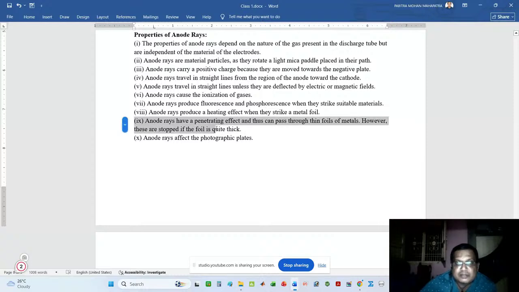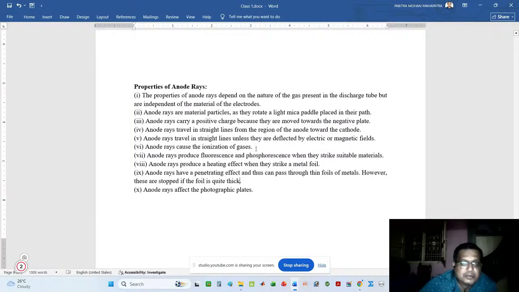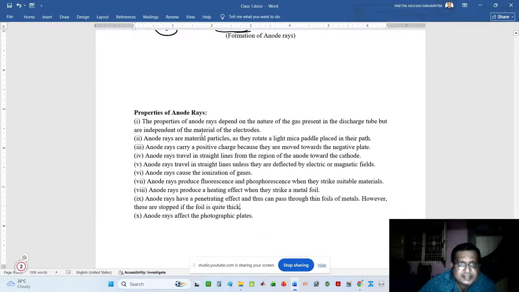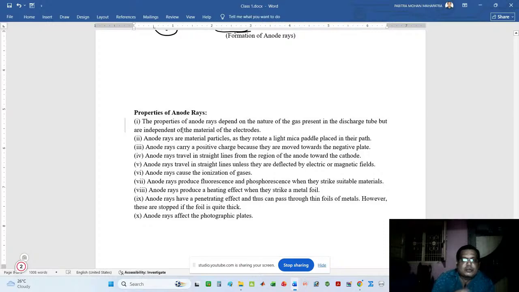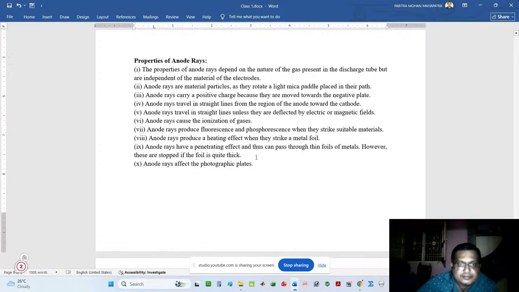However, it is stopped if the foil is quite thick. This is also like the property of cathode ray. Anode ray affects the photographic plate like the cathode ray. These are a few properties of anode ray; many properties are similar to the cathode ray, and some properties are just opposite to the cathode ray.